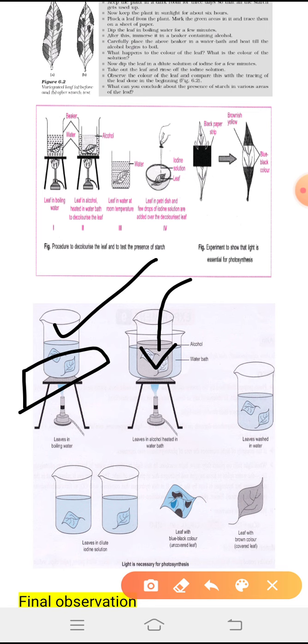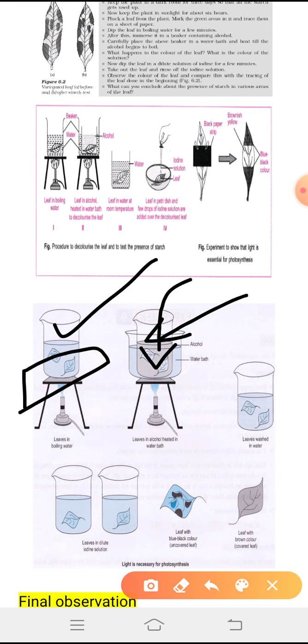After placing this beaker inside the water bath, let it sit for a few minutes or until the alcohol starts boiling. The beaker containing the water gently gets heated up, and you can also observe that the leaf present inside the alcohol solution loses its color.